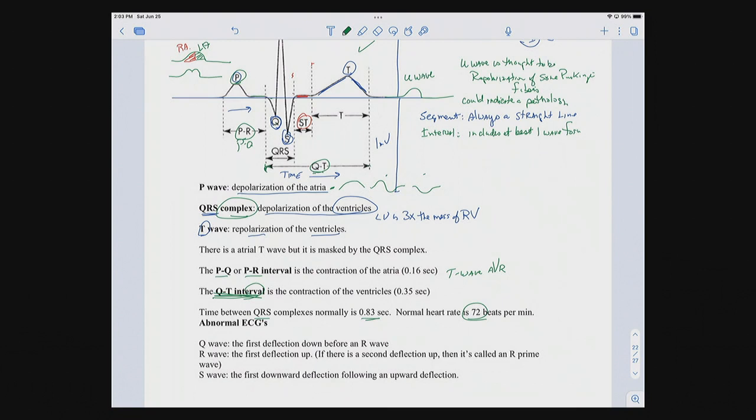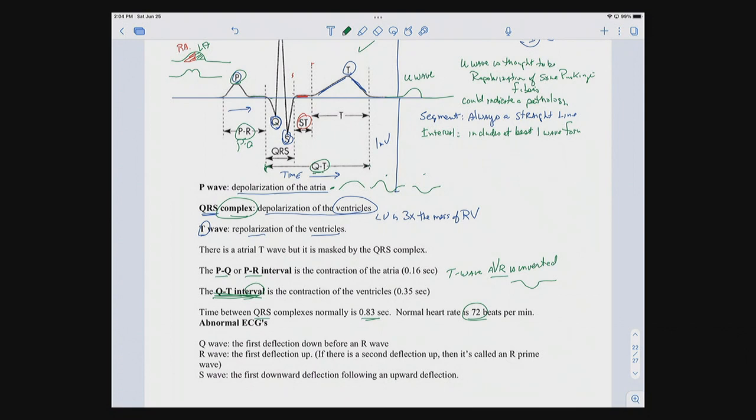And you might want to, when we get to that, come back and look at this lecture so that you now know what an AVR lead is. But typically, the T wave in an AVR will be inverted, which means it's going down as opposed to up. So that would be normal.